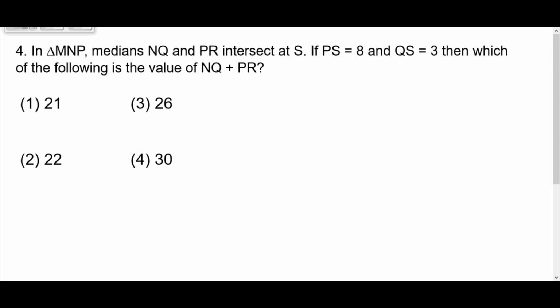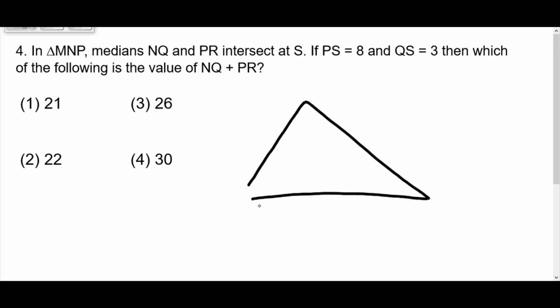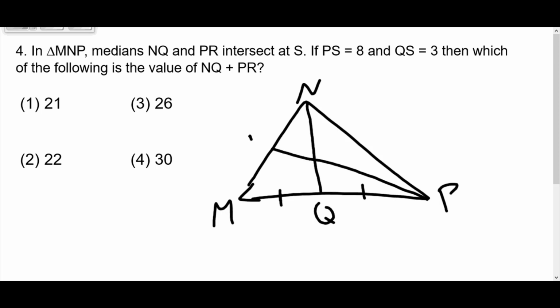So let's try to draw a diagram. Okay, so here's a triangle, triangle MNP, here we go, and medians NQ, which means in this case, starting from N, going to its opposite side here, Q would be the midpoint between M and P. And PR, again, starting from P and going to MN, this is R. R will be the midpoint of MN as well.